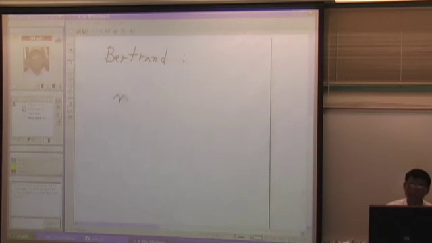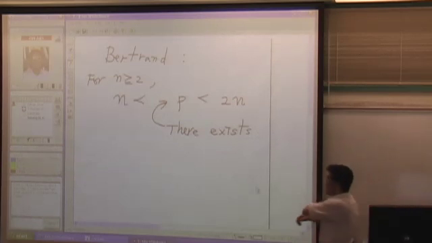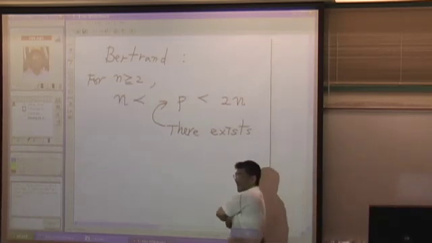Between n and 2n, there is a prime. So for n greater than or equal to 2, there exists a prime p between n and 2n.